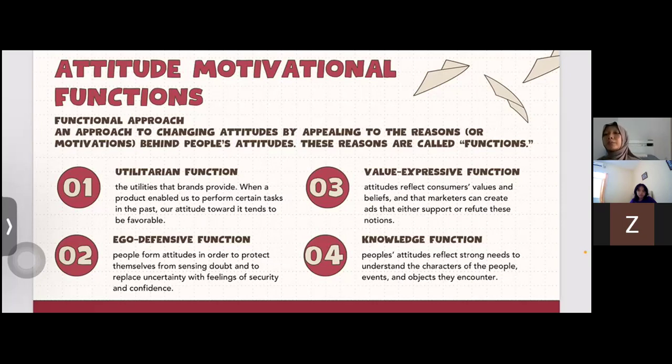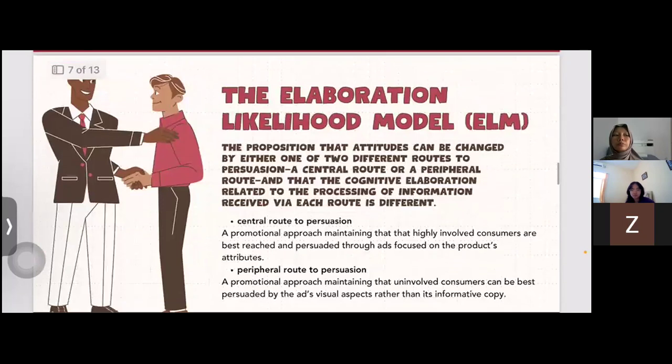Attitudes reflect consumer values and beliefs, and marketers can create ads that either support or reflect this notion. And the fourth is the knowledge function. People's attitudes reflect a strong need to understand the characteristics of the people, events, and objects they encounter.